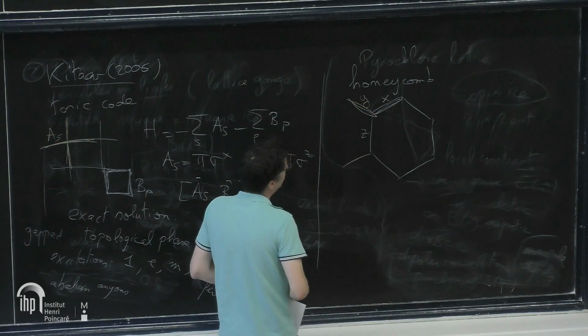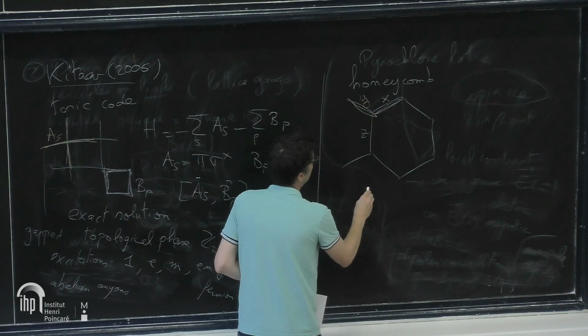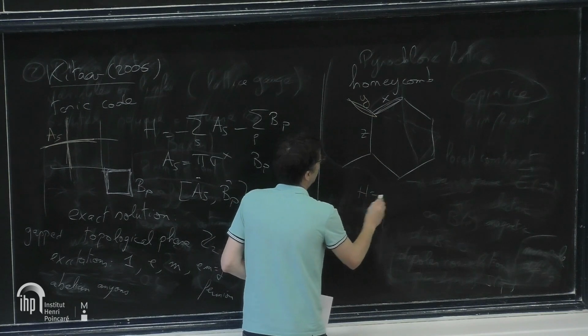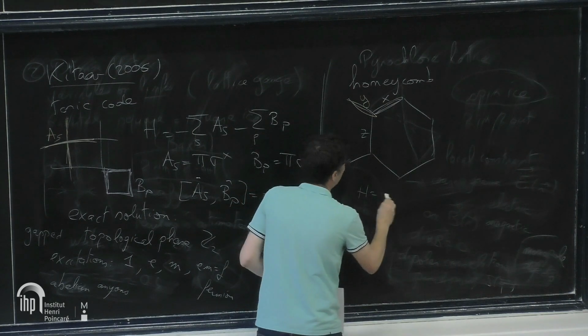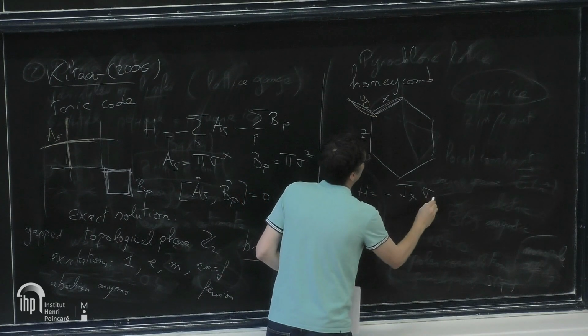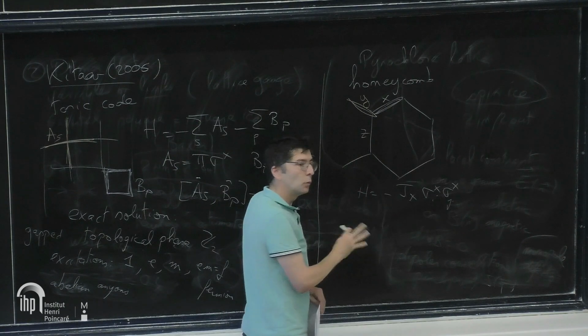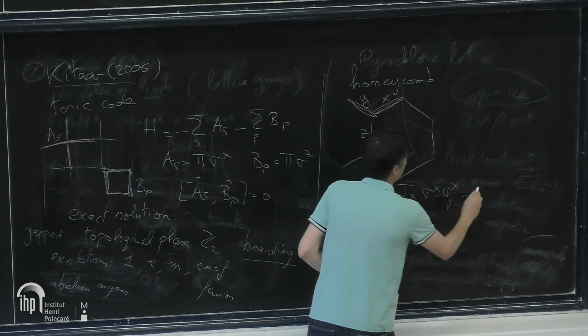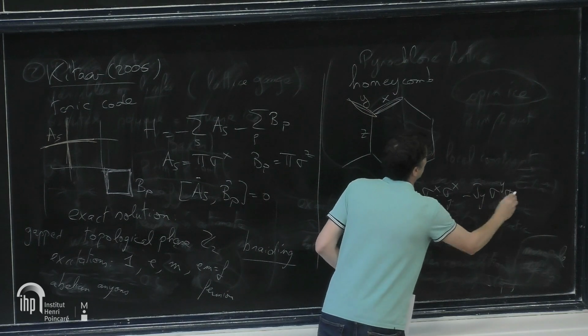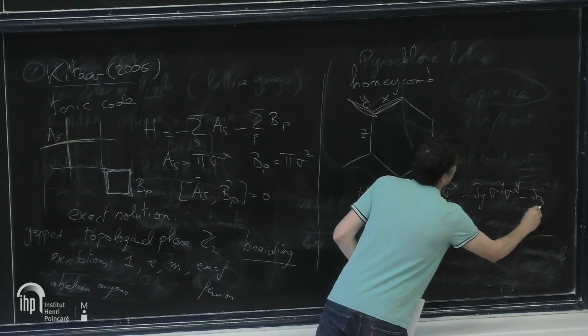And now the Hamiltonian will be simply minus Jx. On the X bond, you will put sigma x, sigma x. On the Y bond, you will put sigma y, sigma y. And on the Z bond, sigma z, sigma z.